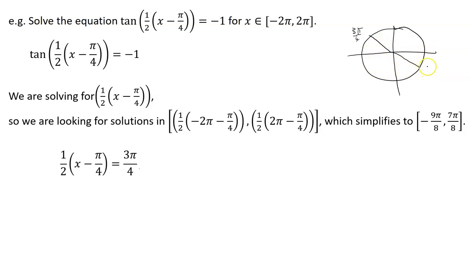But this gives me, if I add on, that gives me 7 pi on 4. 7 pi on 4 is definitely bigger than 7 pi on 8, so that's too far. So perhaps I need to go back round this way.